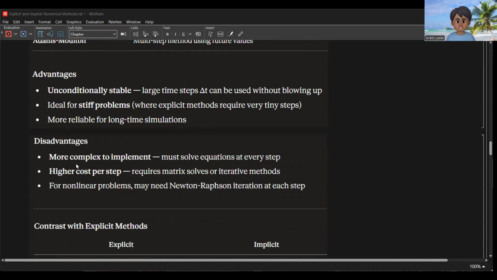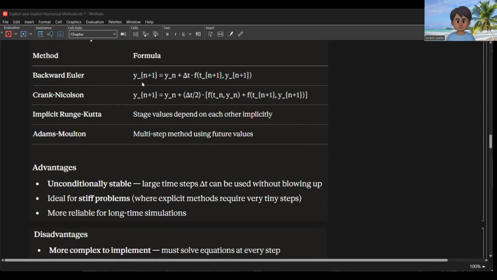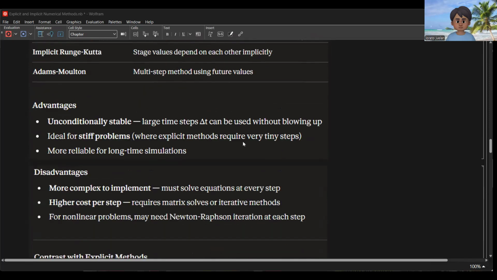Now the disadvantages of these implicit methods: they are more complex to implement. You must solve the equation at every step. So like here, we have to solve for y sub n plus 1.